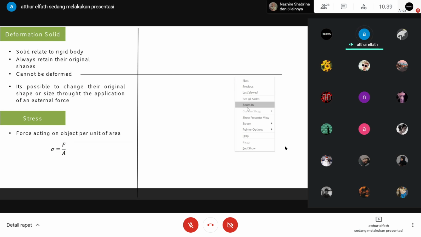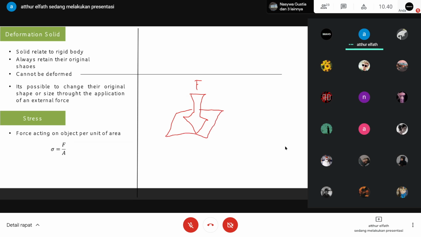For example, let's say this is my force. This is my force F, and this is the area, the area square.